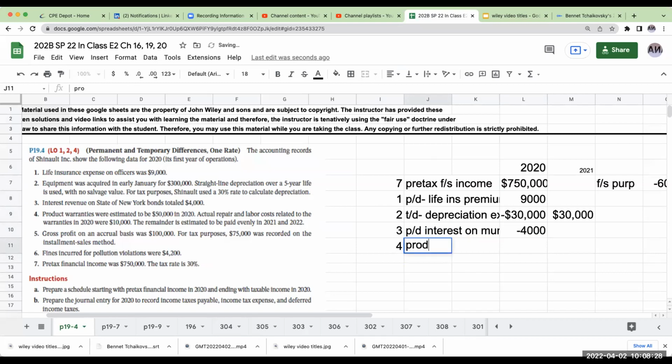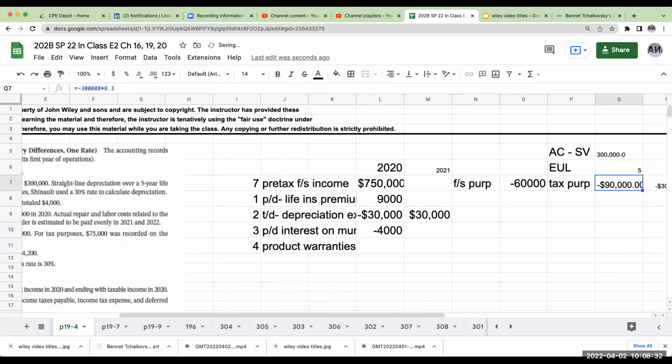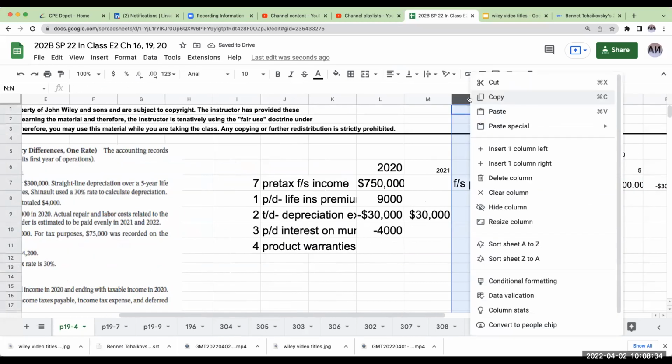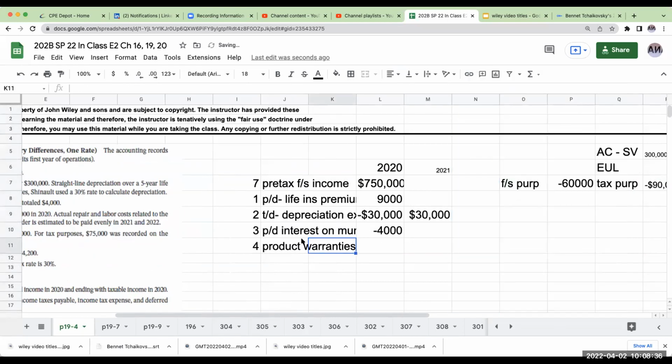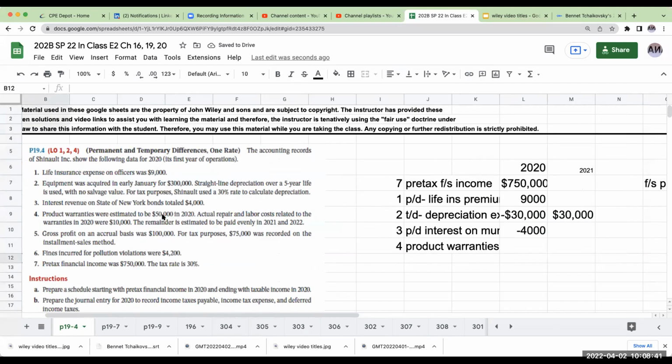Product warranties. For financial statement purposes, I deducted an estimated 50,000. My warranty expense would have been $50,000 because I have to record it in the period I make the sale. Actual repair costs related to the warranties were only 10,000.